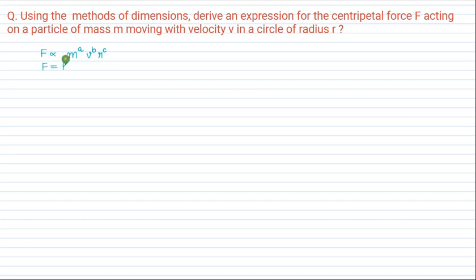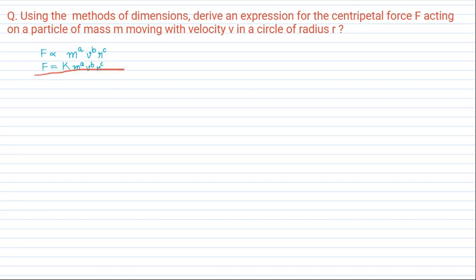So let this constant be capital K. Whenever you have to remove a proportionality sign, you write equal to and multiply by a constant. The rest everything will be same. So F equals K times m to the power a, v to the power b, r to the power c. This is the expression for the force.